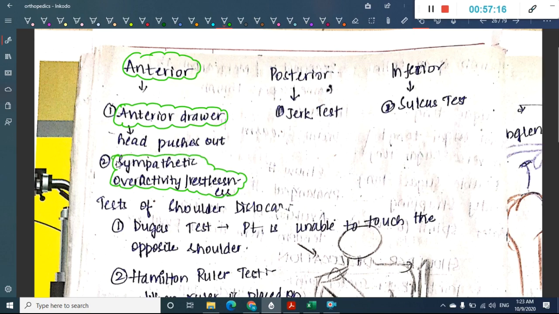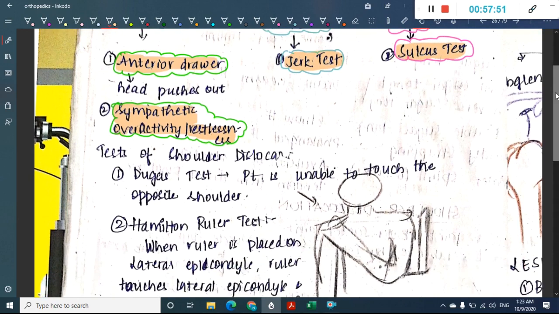In posterior dislocation the jerk test is seen. In inferior dislocation the sulcus test is done.